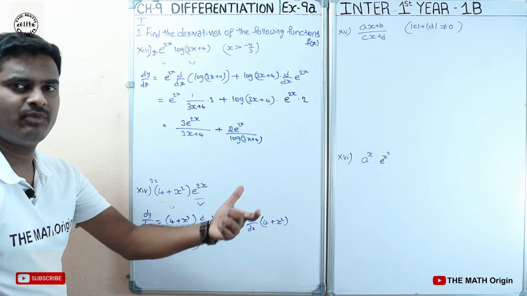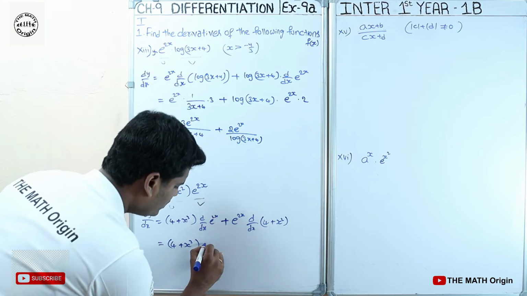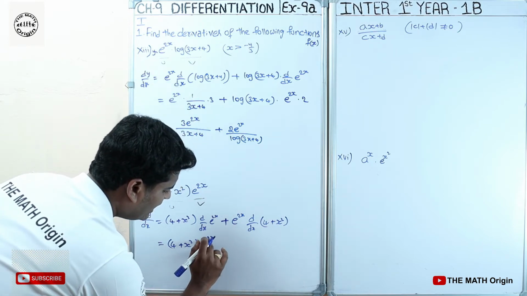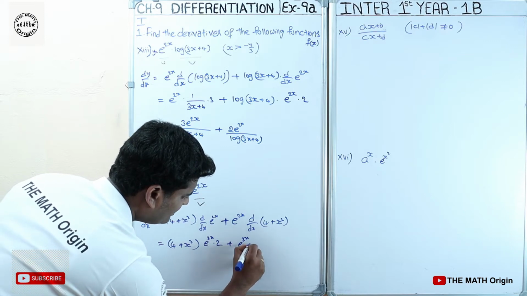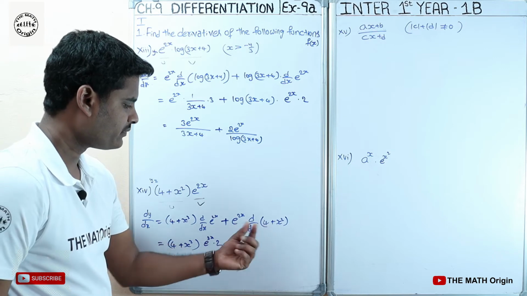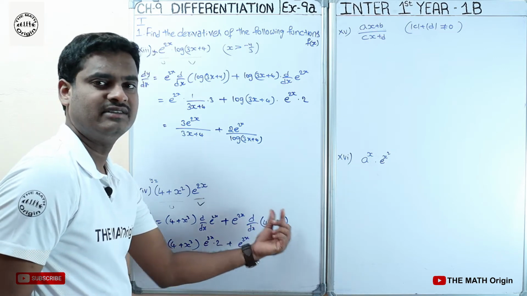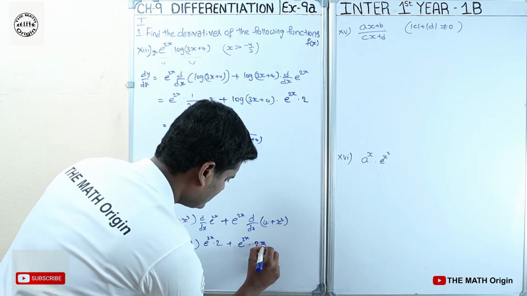The derivative of e power x is e power x, and the internal derivative of 2x is 2. So it will be e power 2x, and the internal derivative of 2x is 2, plus e power 2x into d by dx of 4 plus x square. So d by dx of 4 is 0 plus d by dx of x square is 2x.